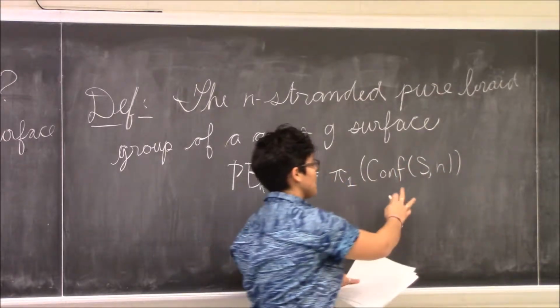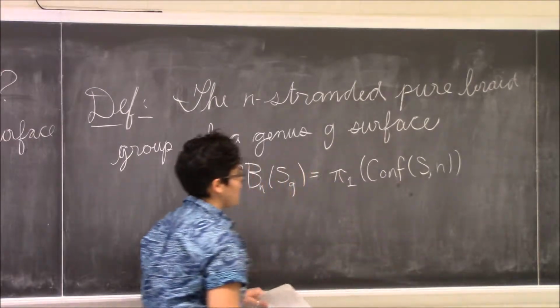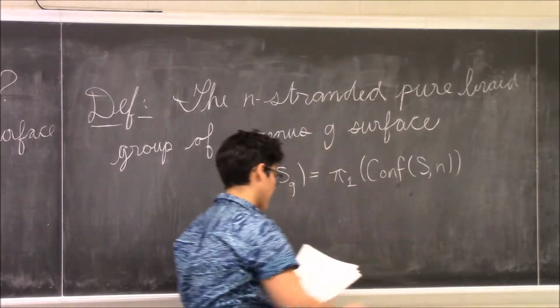And so what I mean by this is distinct ordered n-tuples of points in S. So this would be a subspace of the nth Cartesian product of S.